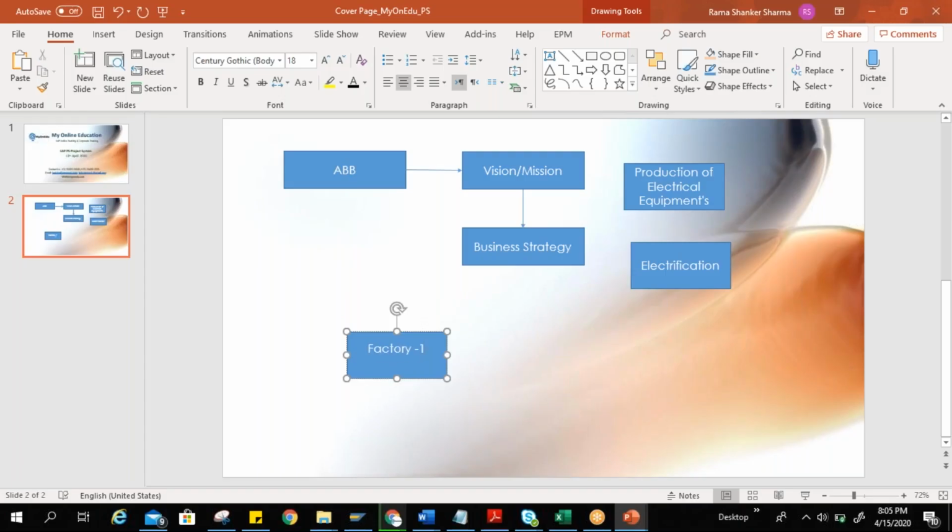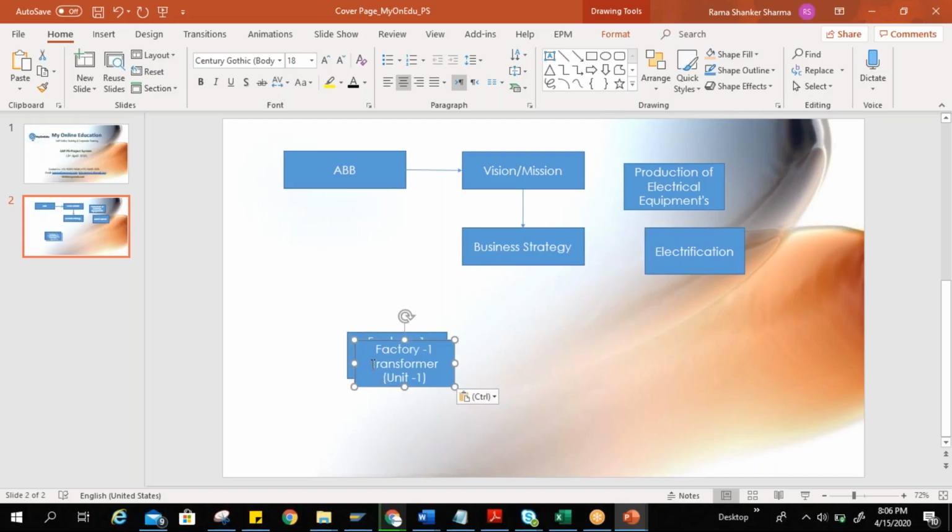I'm saying factory 1 is for transformers, or unit 1. That is one area. And the second area is another factory for switch gears, that is factory number 2, for switches and gears.